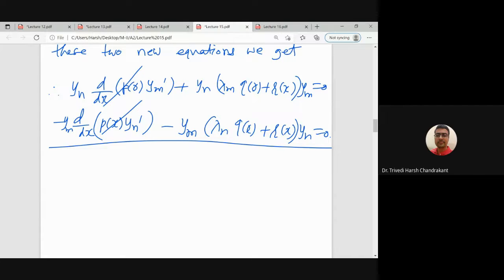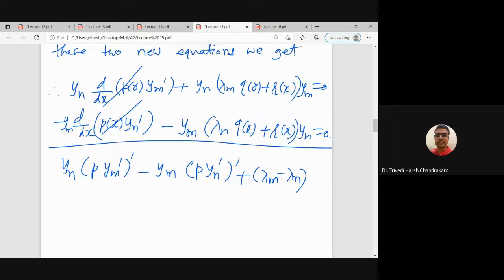What we'll get is yn times (p ym dash) derivative, minus ym times (p yn dash) derivative, plus (lambda m minus lambda n) times q times ym into yn, and this equals 0. Right, that is what we get, the difference of this term with this term.